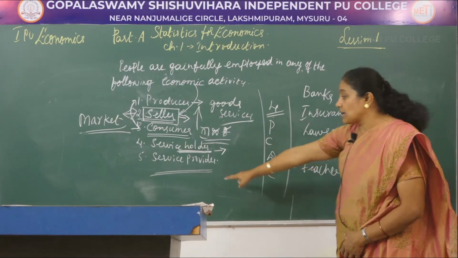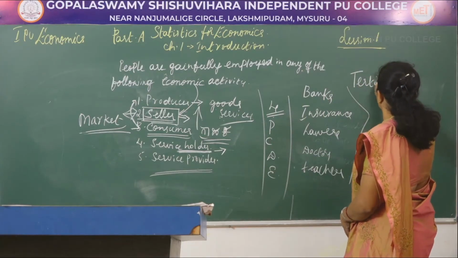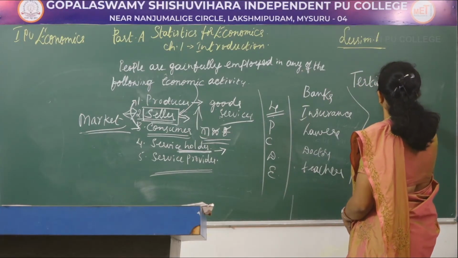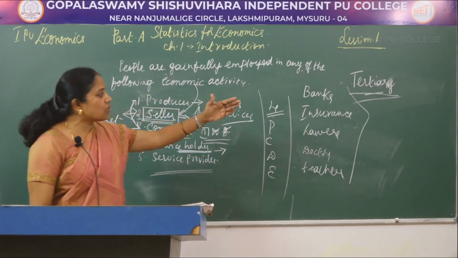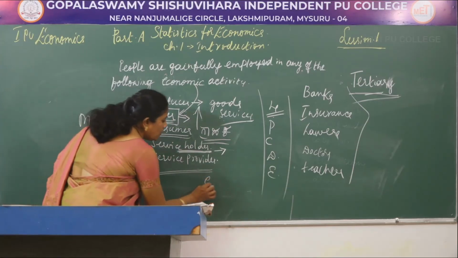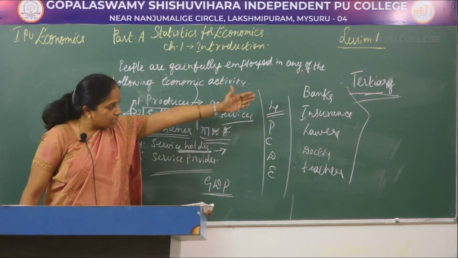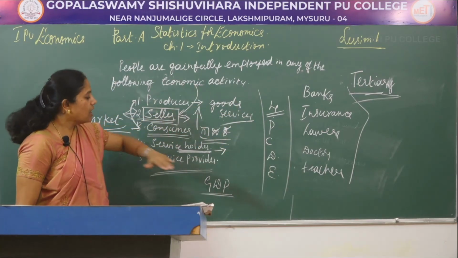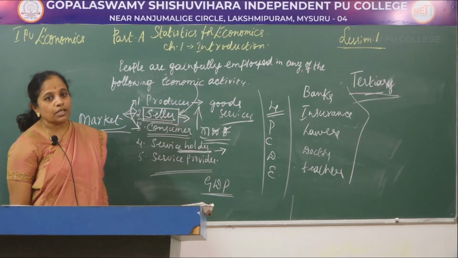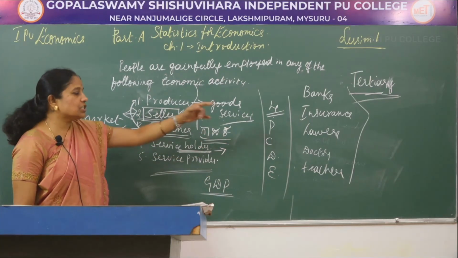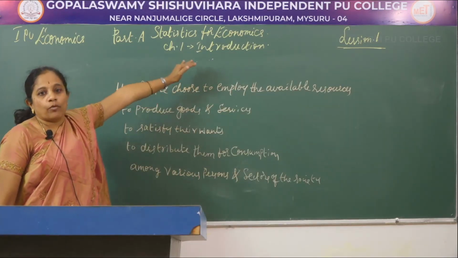All these are the service providers, and these service providers are recorded in the tertiary sector, and this tertiary sector gives a major contribution to the GDP of a country, particularly to the economy of India. These service providers are providing lots of income, and today 48% of our GDP is constituted by this tertiary sector only. We learnt about economics.